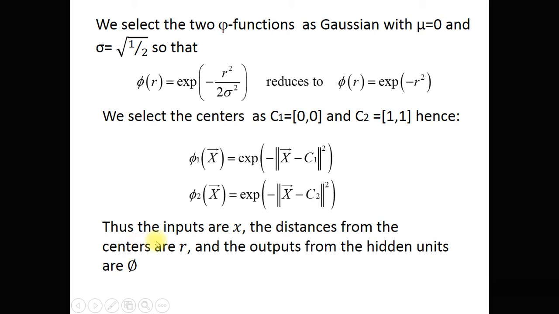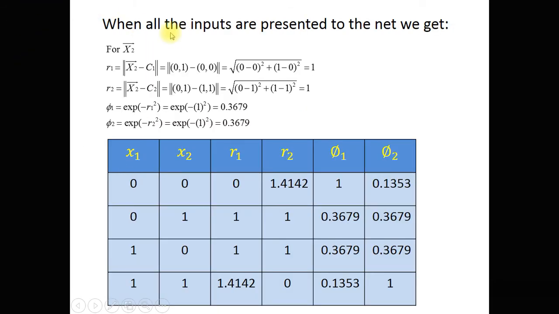So the inputs are x, the distances from the centers are r, and the outputs from the hidden units are phi. With that we start. When all the inputs are presented to the net, specifically for x2, we will calculate one and show; otherwise for x1 it is going to be 0. Here x2 is this one, 0 1.